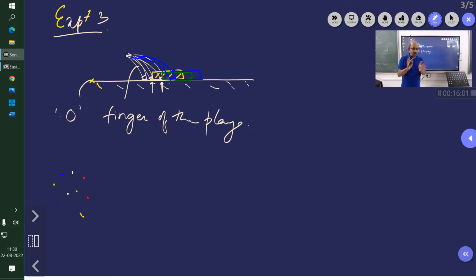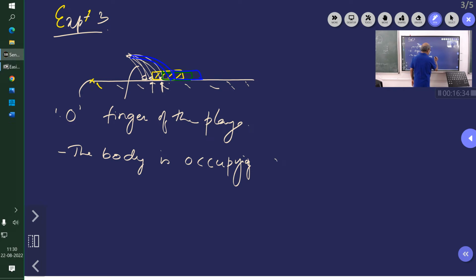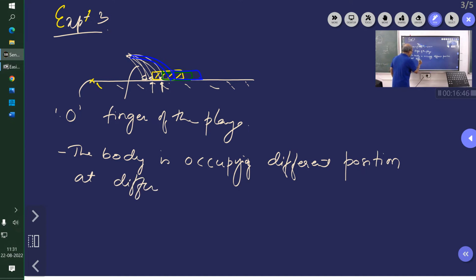Correct? Now students of physics will not simply say it is moving. You are going to observe. What is your observation? Observation number one: the body is occupying different positions at different instants of time with respect to this fixed point.